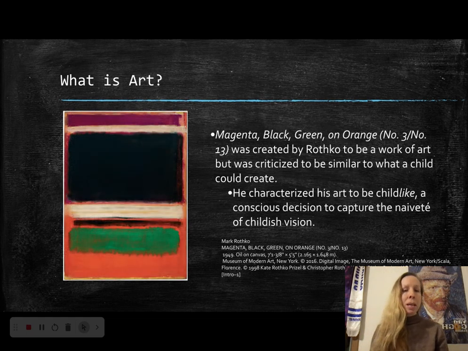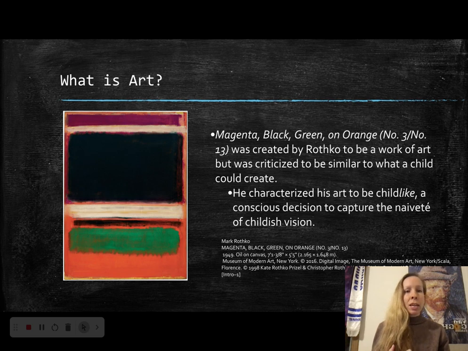All right, so for example, we look at this first piece by Mark Rothko. And he has a piece at the art gallery in Madison. This is an abstract work of art. It's called Magenta, Black, Green, and Orange.